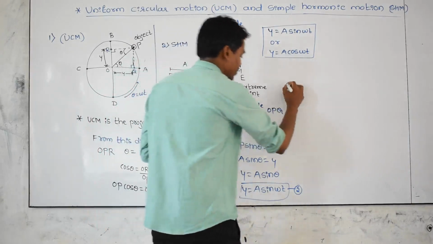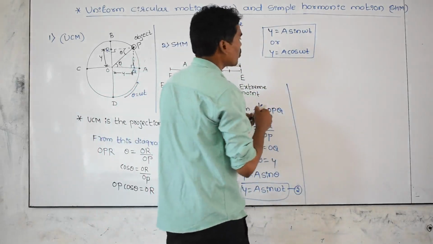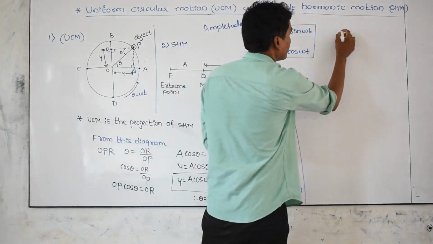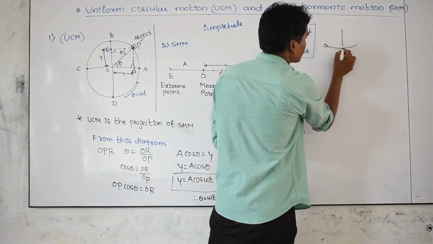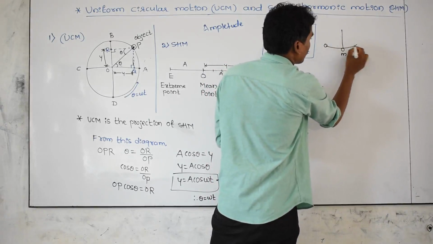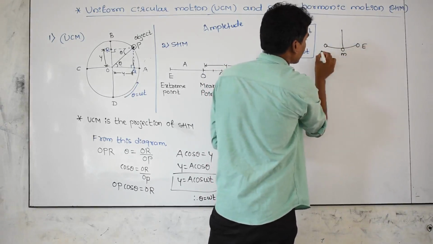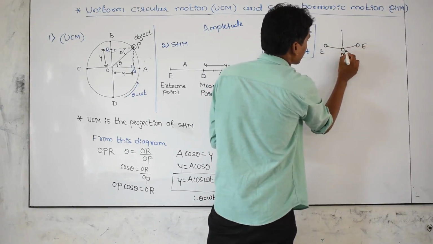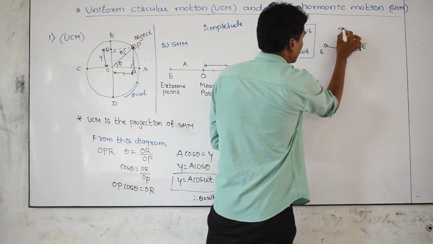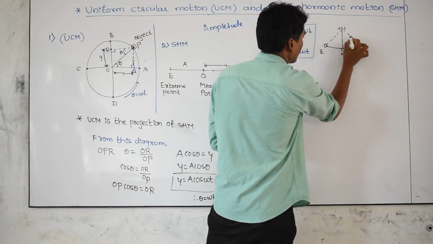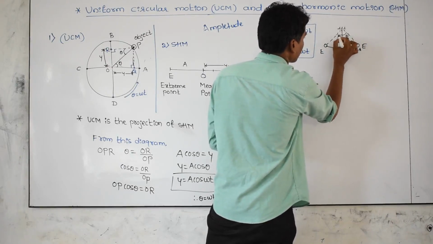Let us take an example. This is a simple pendulum. Now the object, this is the mean point, this is the extreme point, this is the extreme point, and this is the displacement. This is theta.